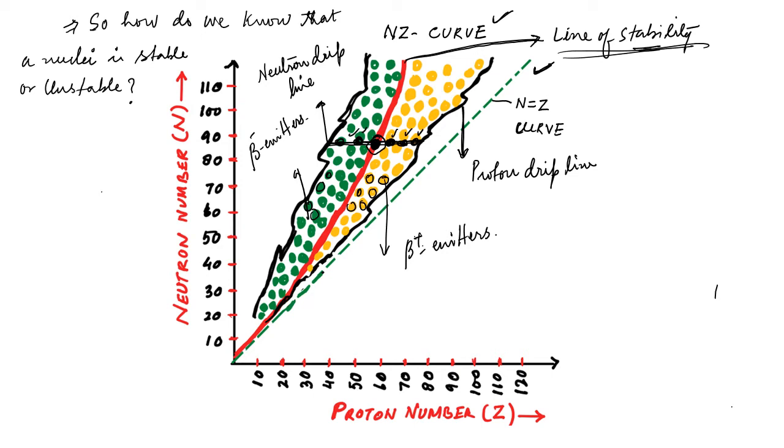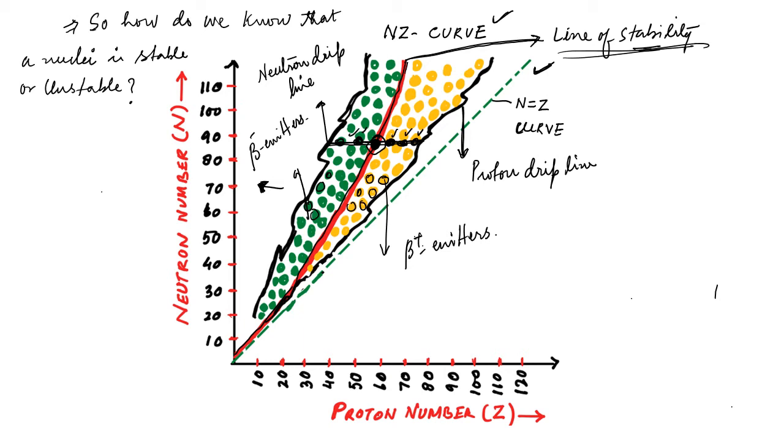A radioisotope which is lying on the left side has too many neutrons, because you can see this line of stability is shifted towards higher neutron numbers. We had already discussed that for a system to be stable, we need to have more neutrons as compared to the number of protons.